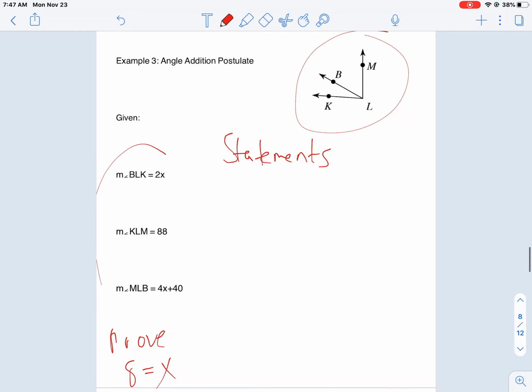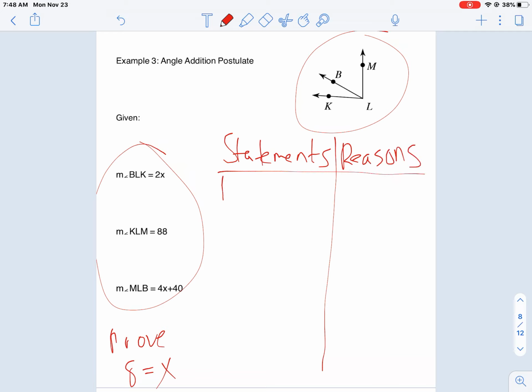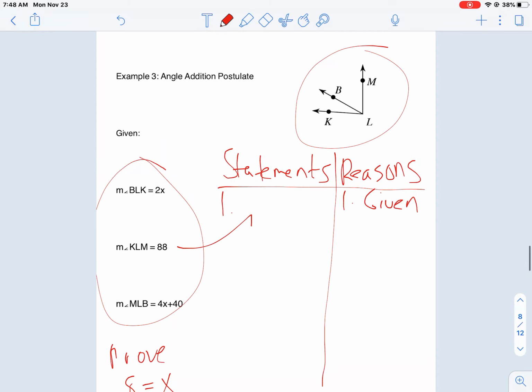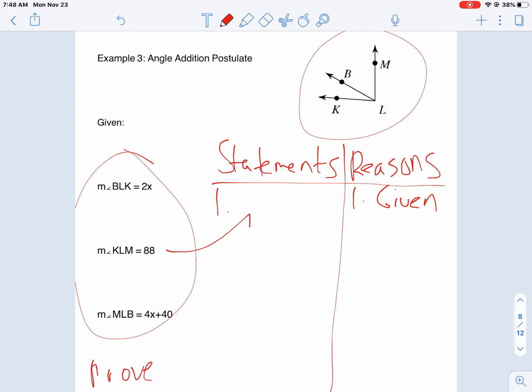Because again, we're given some stuff here, but we don't have an equation, so we can't solve for x unless we make our own equation. And we make our own equation by using the angle addition postulate. Now, for the sake of time, I'm going to put this in here and put given, okay? Yes, you have to write them out, okay? So I just don't want to bog you down.